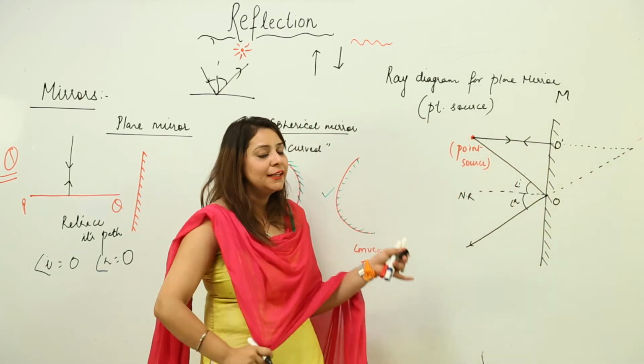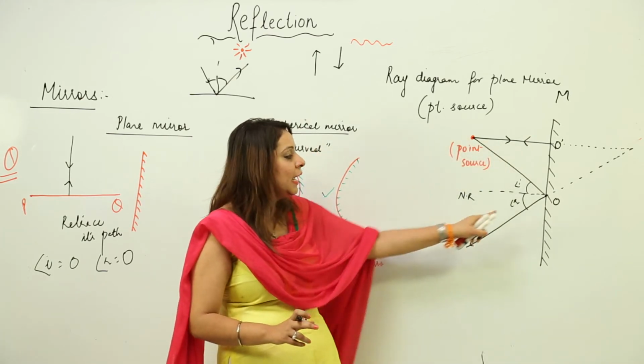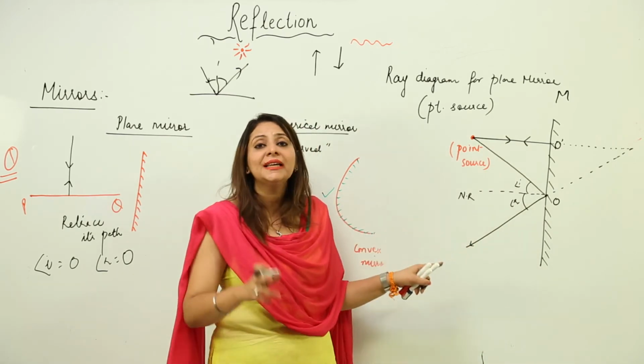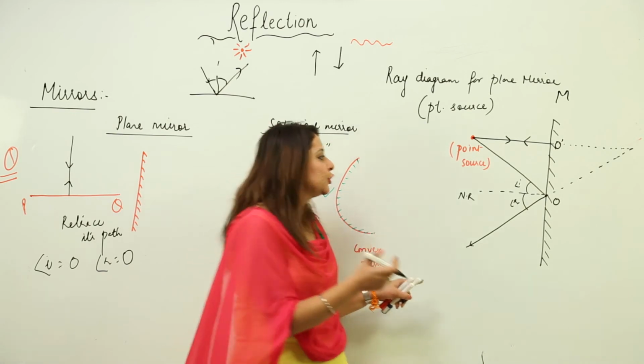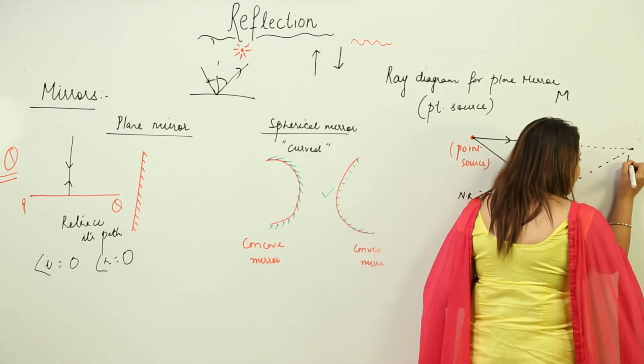Yes, we can see. Otherwise, in a real situation, they are not meeting. But when you extend these rays behind the mirror, you see that they are meeting hypothetically. So this is the image.